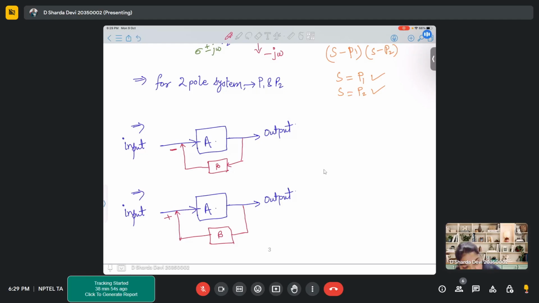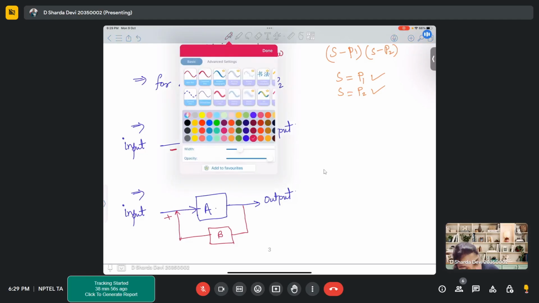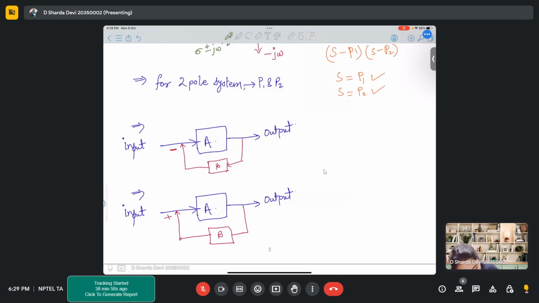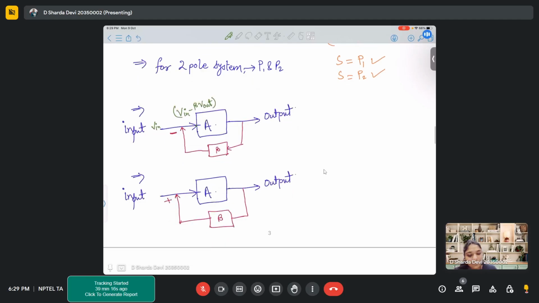So here, at this particular point, your input was V in. For this circuit with gain A, the input that you are getting is V in minus beta times V out. This is being fed to your A.